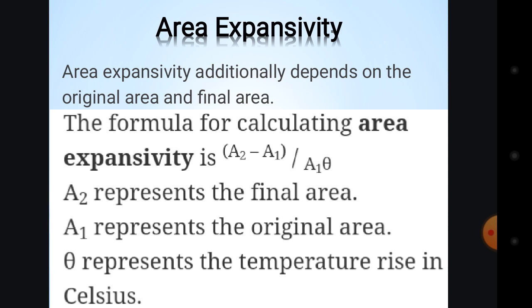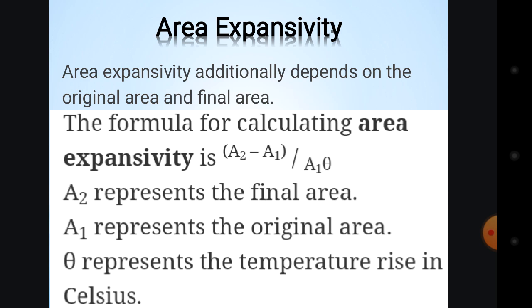The formula for calculating area expansivity is A2 minus A1, that is the final area minus the initial or the original area, divided by A1 theta.